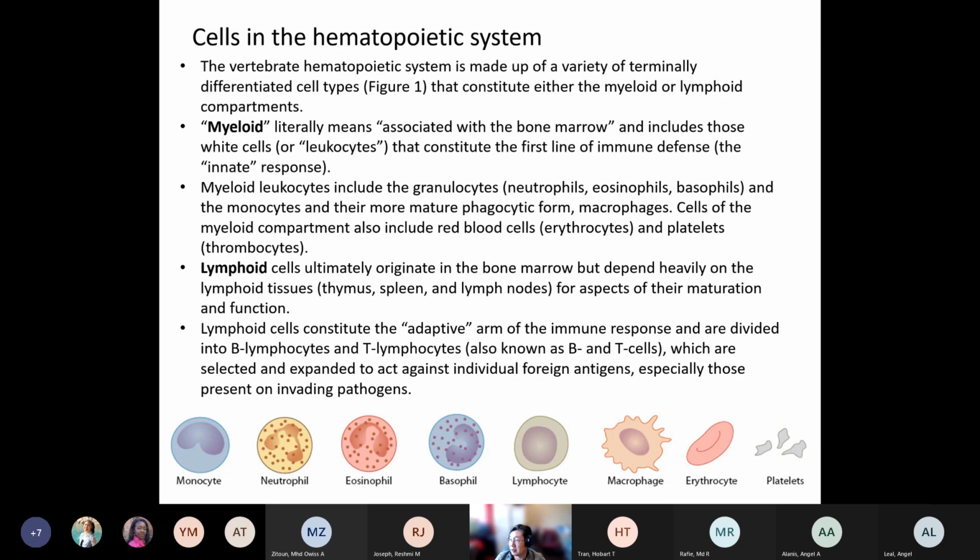So these cells, T cells, B cells, and natural killer cells, they are so-called adaptive cells in the immune system because they will need to, not necessarily themselves, our body will need to first encounter the foreign substance, pathogens, or just a transplant from a different person, right?